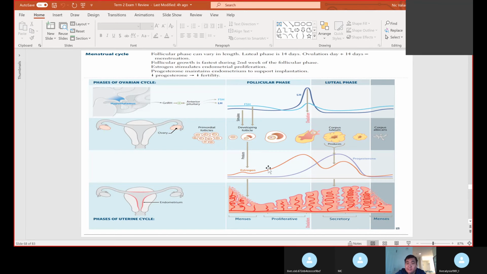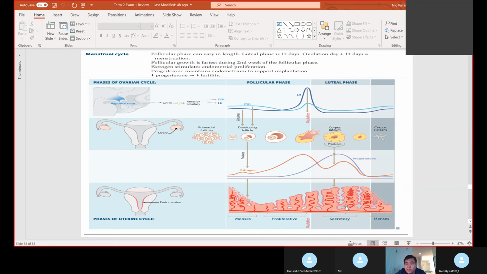Next, what happens to the uterus at the same time that this is happening in your ovaries? First, you have the proliferative phase. You have the development of the uterus, enlargement of the myometrium. You have the blood vessels coming in there. And then, what hormone is increased here? Estrogen. Estrogen is increased. Proliferative phase. How about secretory phase? Progesterone now.